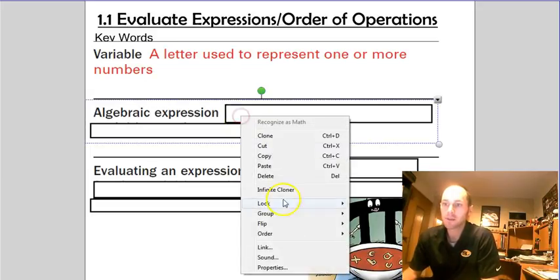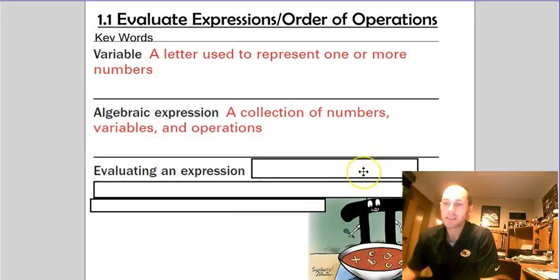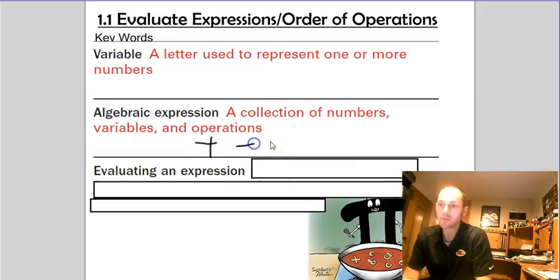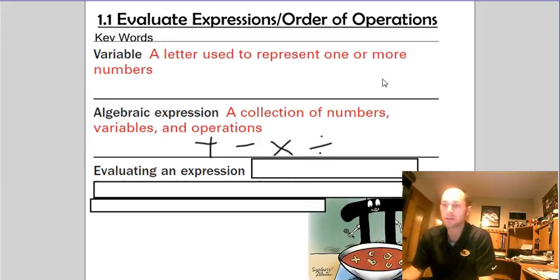An algebraic expression is a collection of numbers, variables, and operations. Operations we mentioned were like adding, subtracting, multiplying, dividing. Okay, we're combining numbers with variables now that we're in algebra.